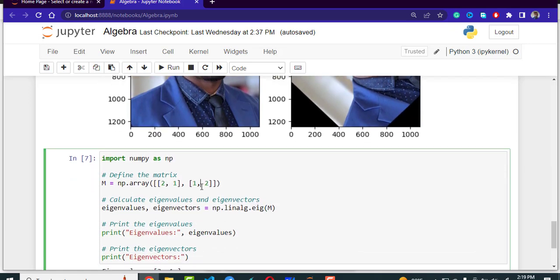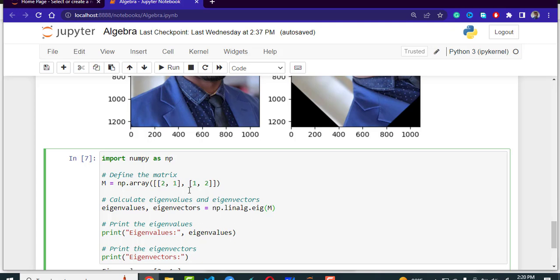Given a matrix, which is a two-dimensional matrix with the values 2, 1, 1, 2, we need to calculate the eigenvalues and the eigenvectors. So we create our variables here, and we have imported linear algebra. We say we need the eigenvalues of this matrix.